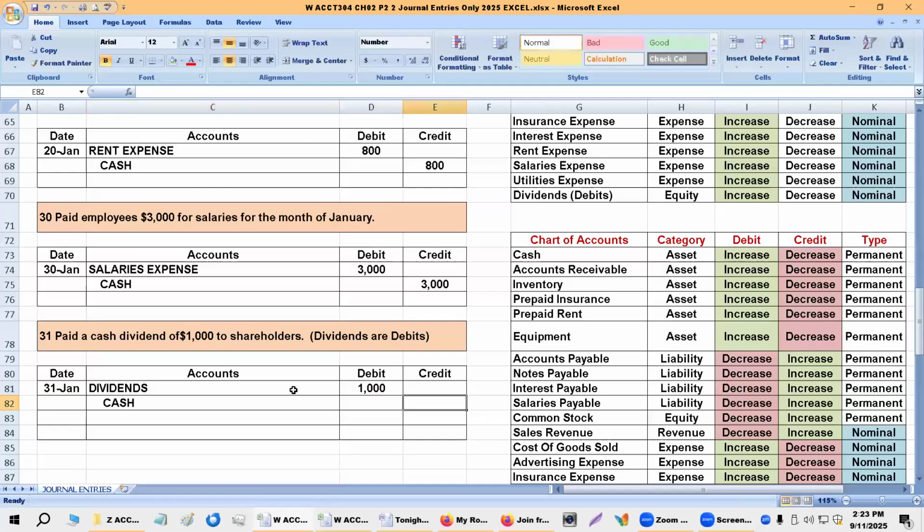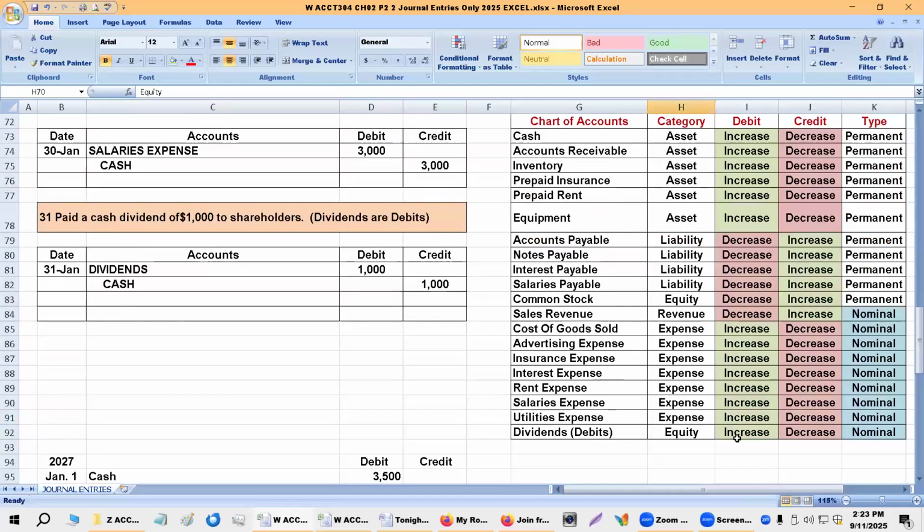Our cash is going down by 1,000. But I'll tell you what I don't like about it. This is basically an equity account. If you look at the equity account, it says it increases with credit. Well, why does this one, an equity account, increase with a debit?